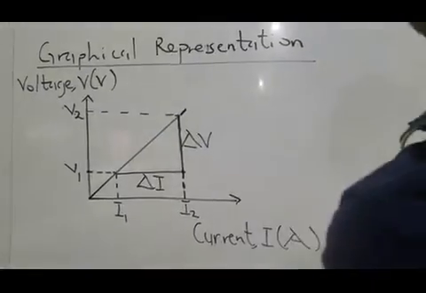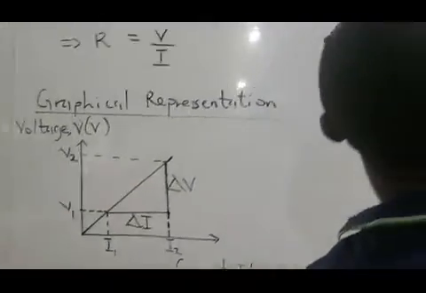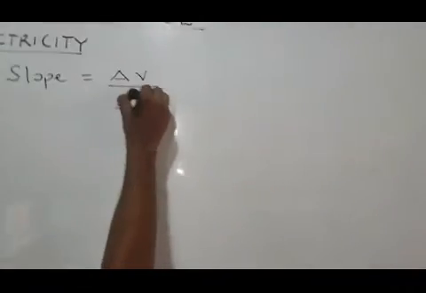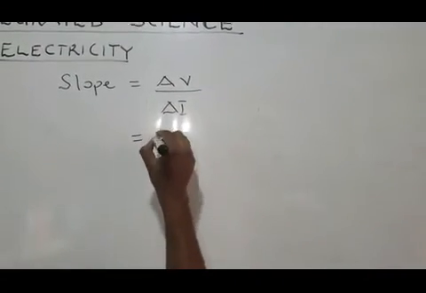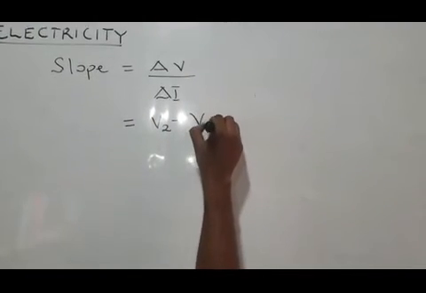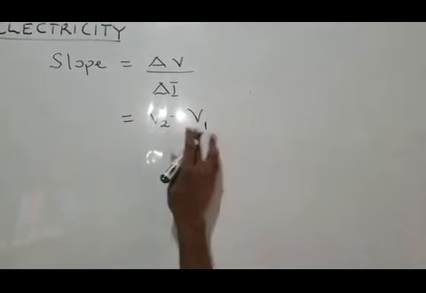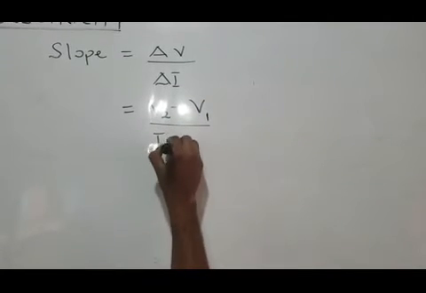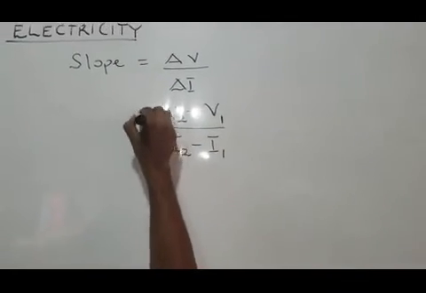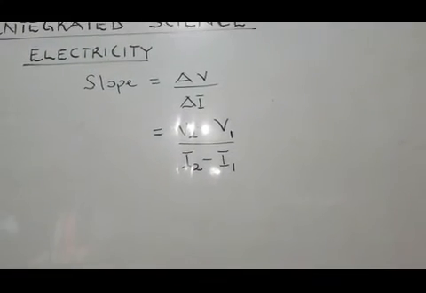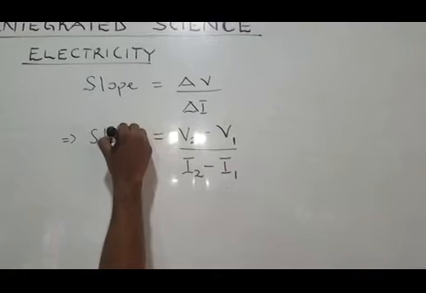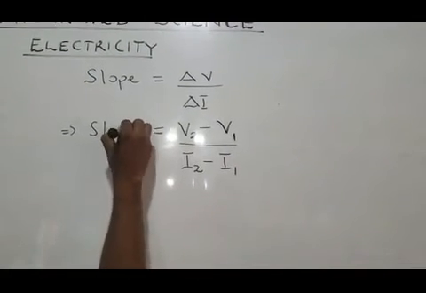So your slope here will be equal to change in V over change in I, and this will be equal to V2 minus V1 over I2 minus I1. So the slope will be determined from a graph of V against I.